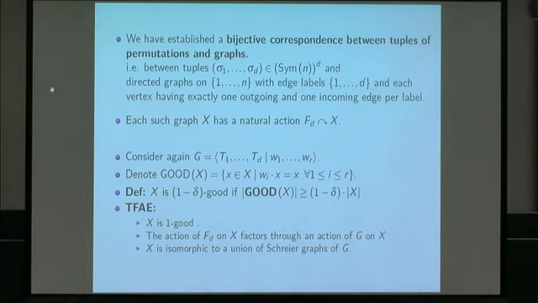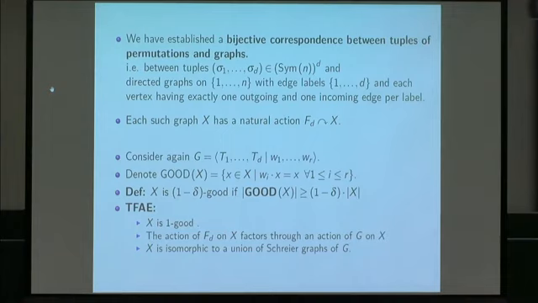So consider again this group, the group presented by my system of equations. And I denote by good of X, when X is such a graph, good of X is going to be a subset of the set of vertices. Which vertices are included in good of X?